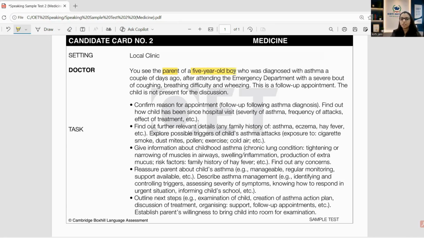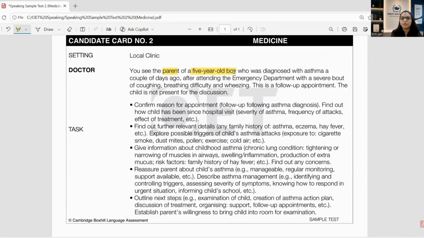Now, if the interlocutor is female, consider her as the mother of the child. If the interlocutor is male, imagine that you are going to speak with the father of the child. And who is the child? The child is a son. So when you picturize the scenario in your mind, you don't make errors of he and she.